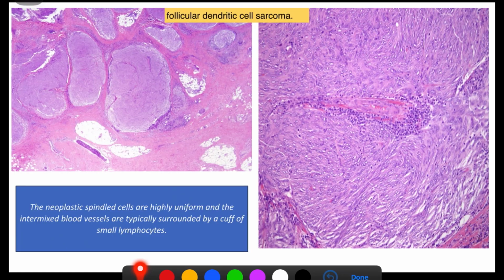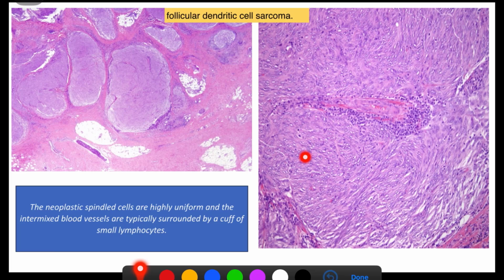In this histo section we can identify spindle cell neoplastic nests with peripheral cuffing of lymphocytes. You can identify these are the neoplastic spindle cells of follicular dendritic cell sarcoma.